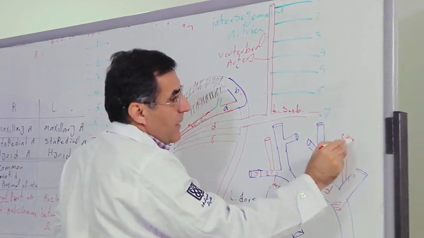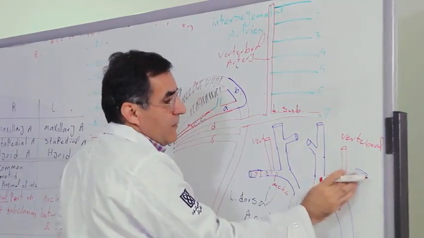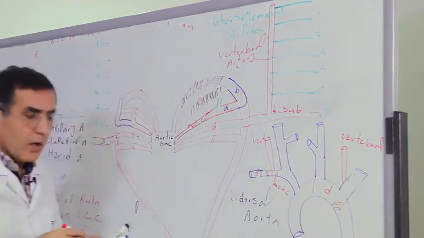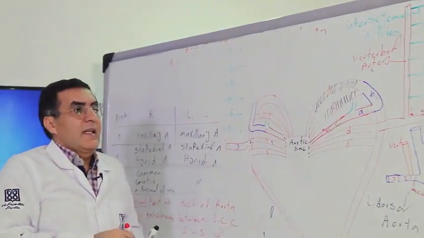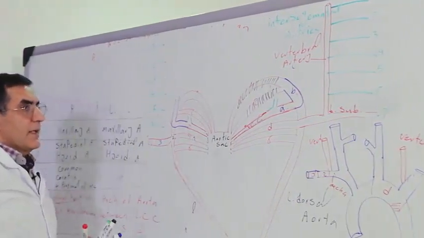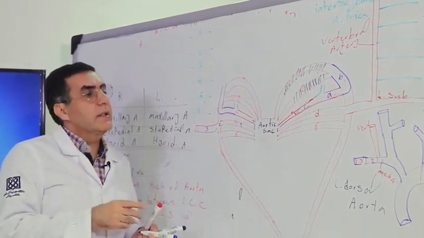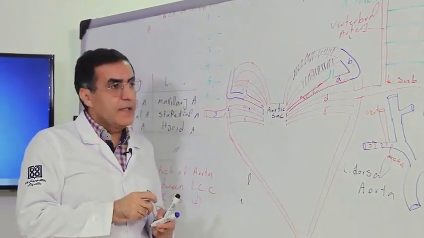This is a vertebra. Again, this one is a vertebra. We say that the vertebral artery is the largest branch of the subclavian artery on both sides. The vertebral artery enters the skull and supplies the brainstem.